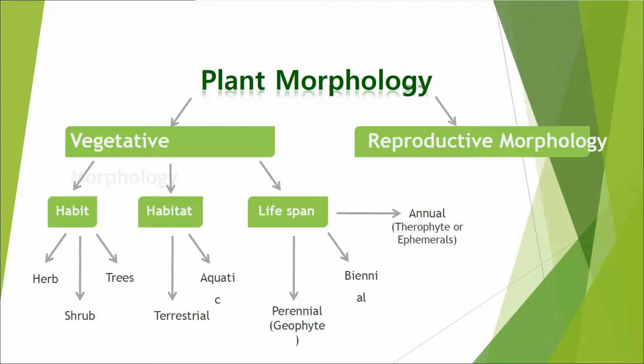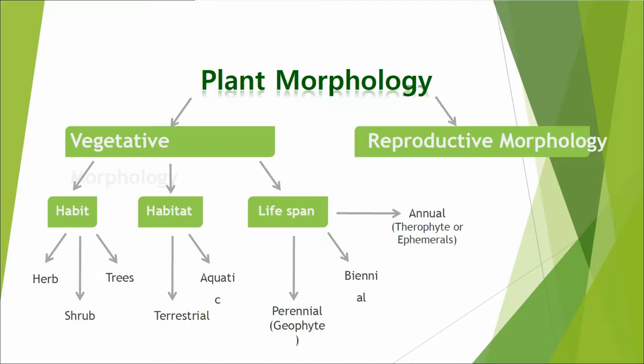The vegetative morphology deals with the study of shape, size, structure of the plants and their parts like root, stem, leaves, etc. To understand the vegetative morphology, we need to understand the important components like habit and lifespan of the organism.